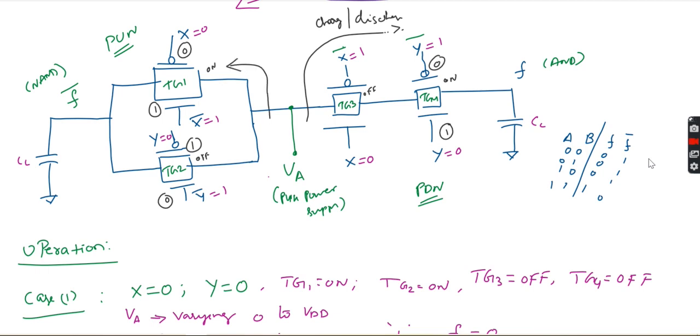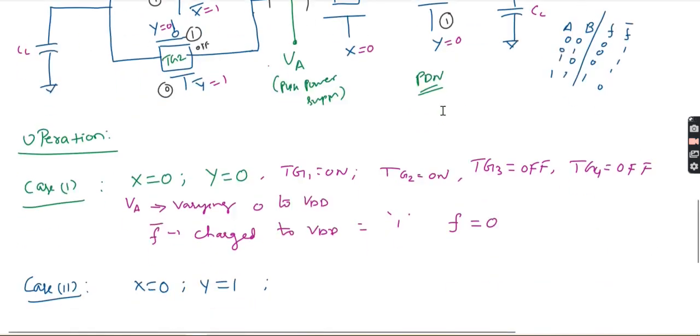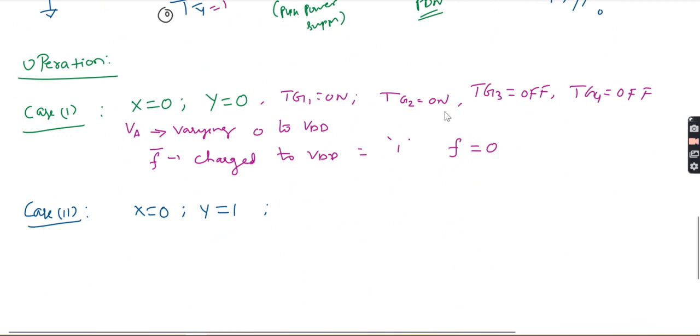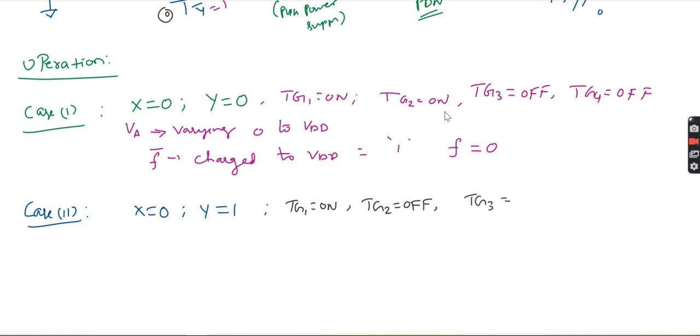Charge or discharge, so two ways. But here you can see TG1 is on, so I will write that TG1 is on, TG2 is off, TG3 is off, and TG4 is on.